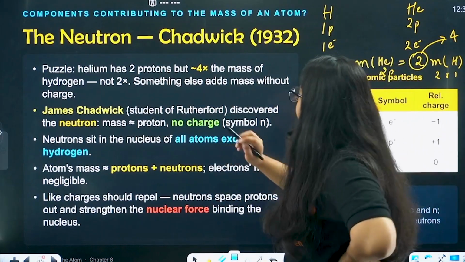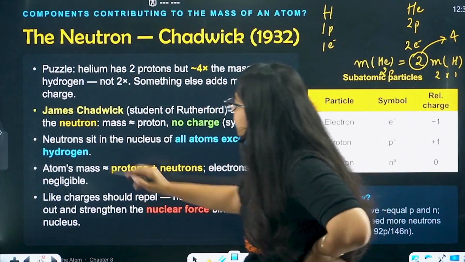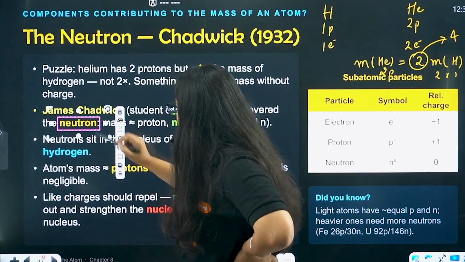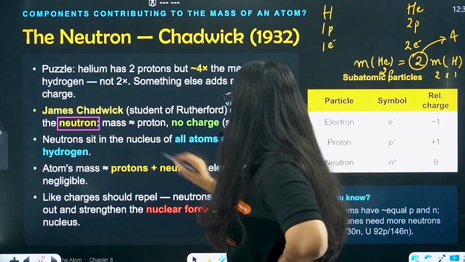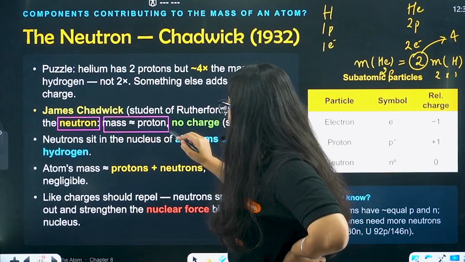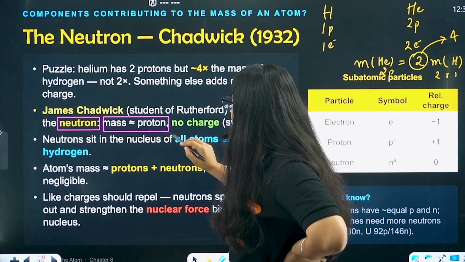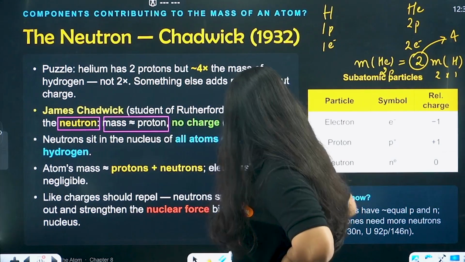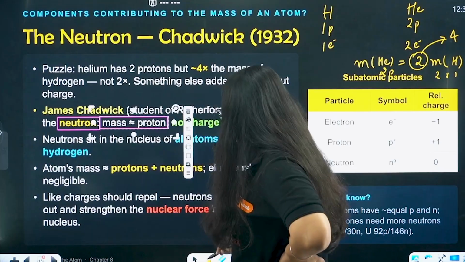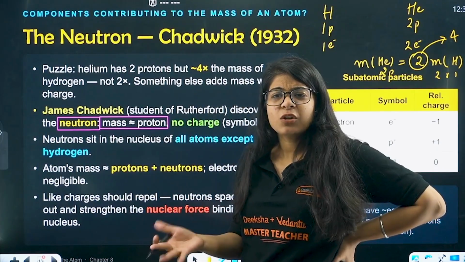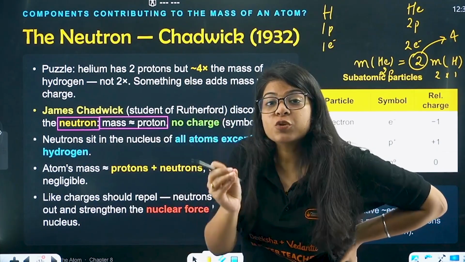We have neutrons inside this nucleus, beta, and the mass of a neutron is equal to the mass of a proton. The mass of a neutron is equal to the mass of a proton, but the charge of a neutron is simply zero, it has no charge, it is neutral.